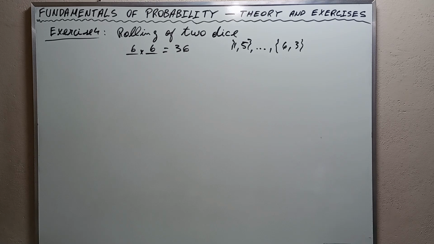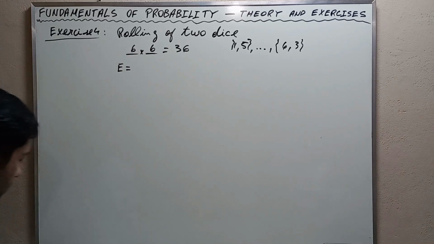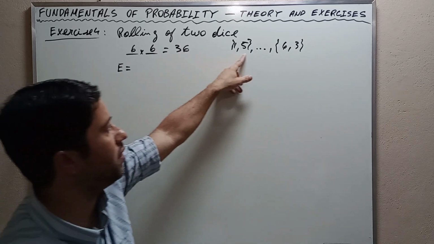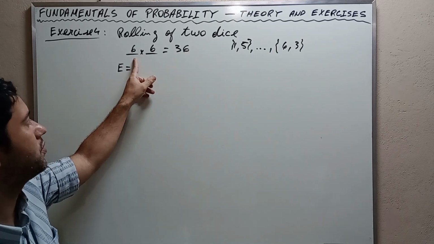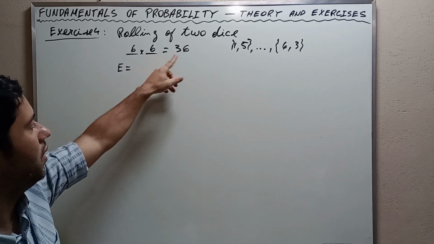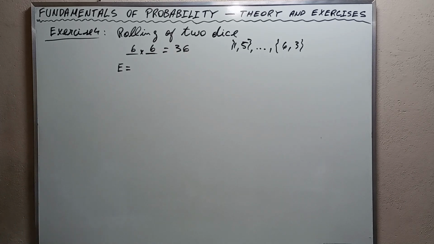Since we want the outcomes to add up to 7, the event of interest, we need to know, before calculating the probability, the sample space. The sample space will be 36 pairs, 6 for the first die and 6 for the second, and the event of interest is the outcomes adding up to 7.